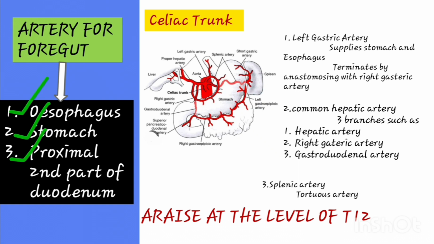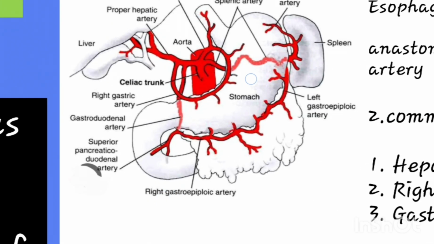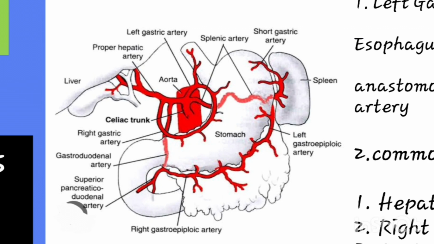Coming to the blood supply of the stomach and the liver, the celiac trunk is the major artery which supplies these structures. This is the celiac trunk, and there are three branches: left gastric artery, splenic artery, and common hepatic artery.